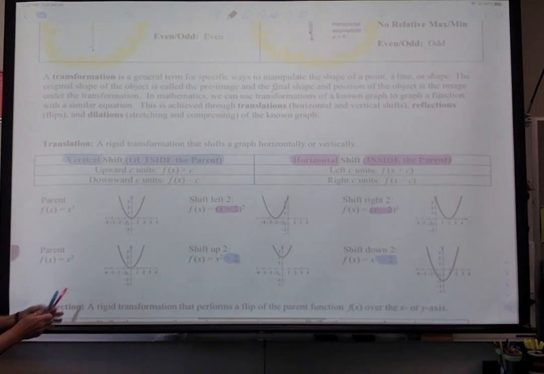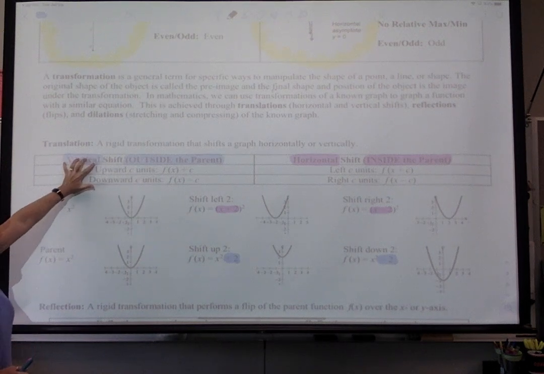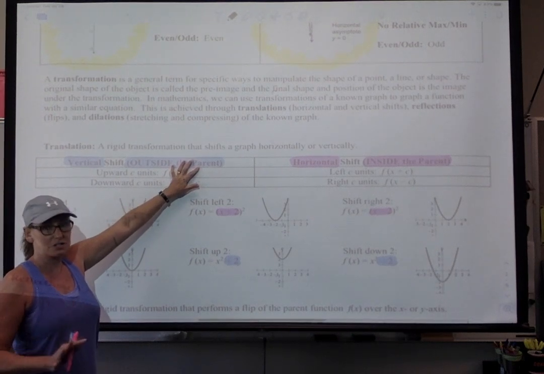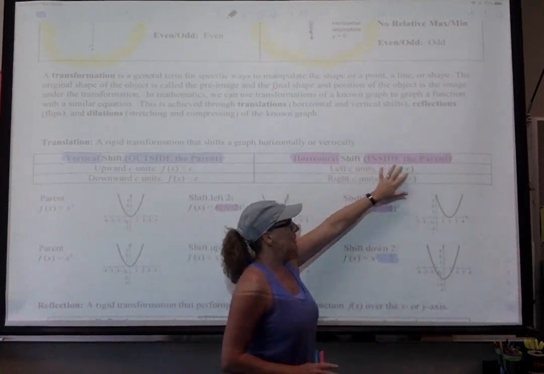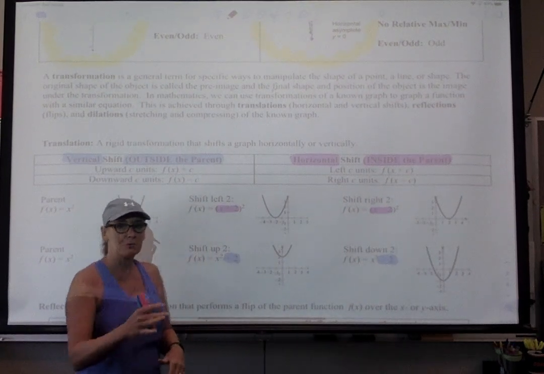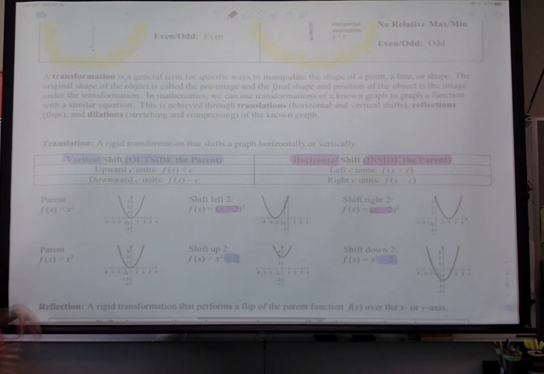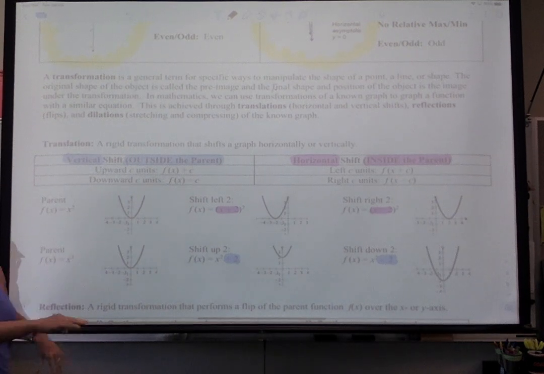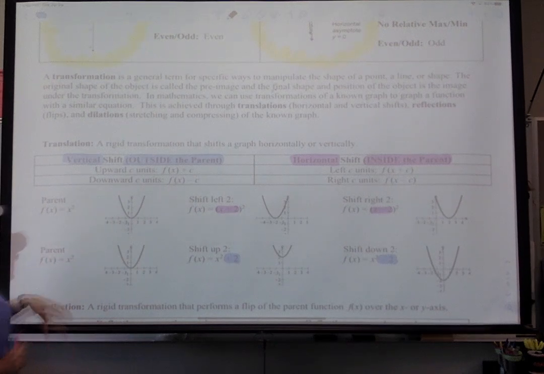All right. Now, any vertical transformations are going to take place outside of the parent function. Horizontal transformations are going to take place inside the parent function. Now, this can be hard for some of you to see. So let's look at a quadratic. You all should be really familiar with what a quadratic equation looks like.